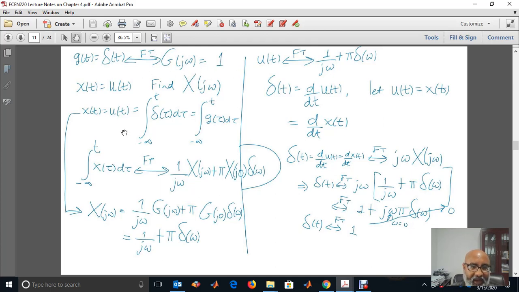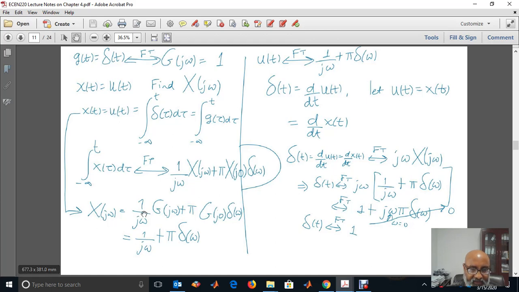Okay? And of course, what is the unit step? The unit step signal is the integration of the impulse signal, Dirac tau d tau. Okay, let's call this Dirac tau is g of tau d tau. So using the integration property, we have this. And what will be now the Fourier transform of the unit step?